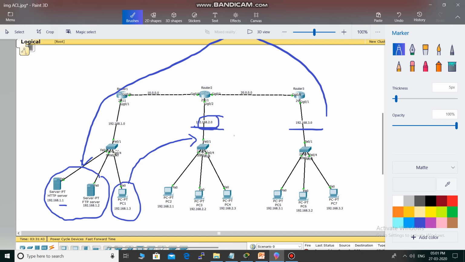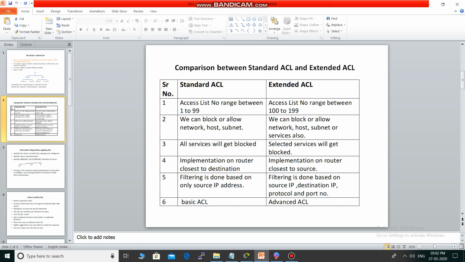Then we need to select the particular router which is closest to the destination. So our destination is 192.168.2.0, so we need to apply the ACL on router 2 because it's closest to the destination. And on the other hand, in extended ACL, implementation is on the router closest to the source.